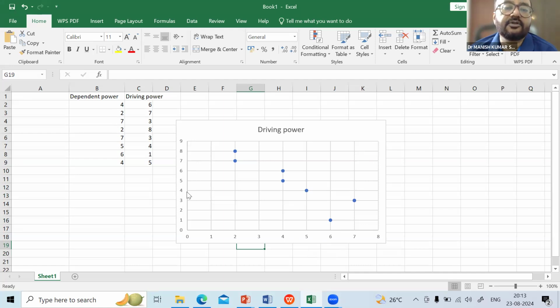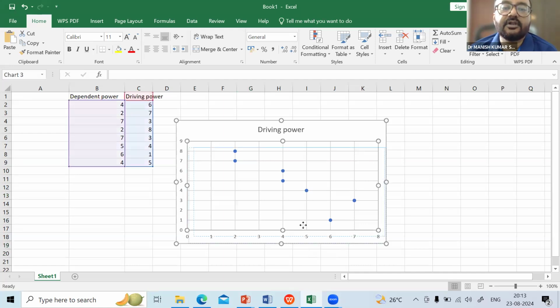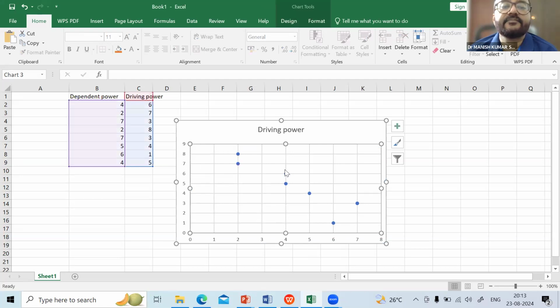That is how you create a quadrant. I'm not able to draw it here, but like this you get the table. You have to do that manually.